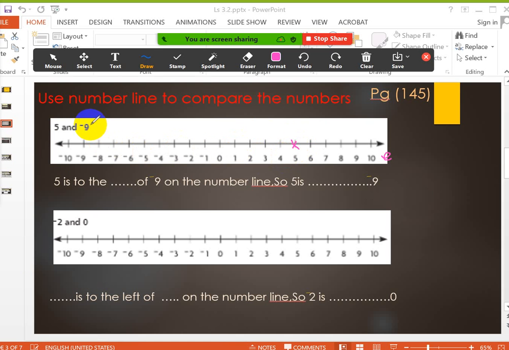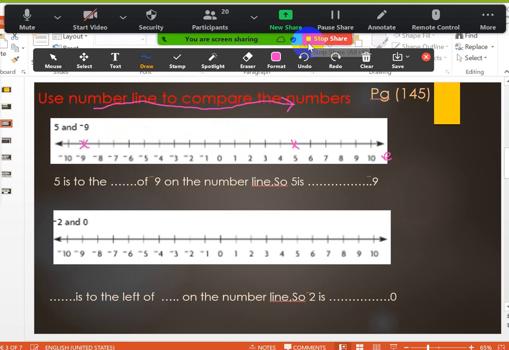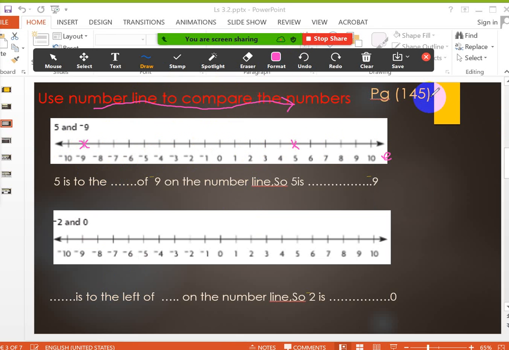What about the -9? The -9 is a negative integer. That means it will be on the left side of 0, right here. The strategy told me when we go right on the number line like this, the number becomes what? The number becomes greater.